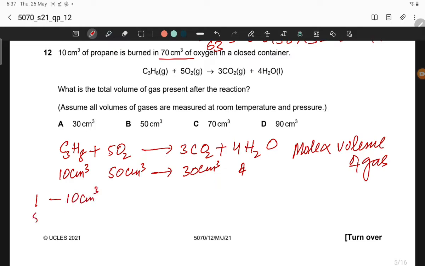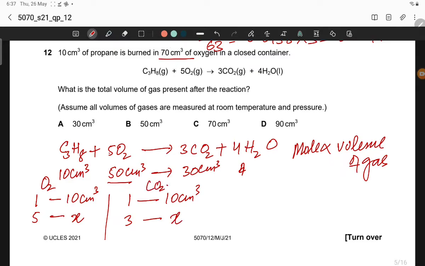So if 5 moles are there, we have 50 centimeter cube. So this is oxygen volume, and 1 mole has 10 centimeter cube volume. Then 3 moles have X. So this is for carbon dioxide.